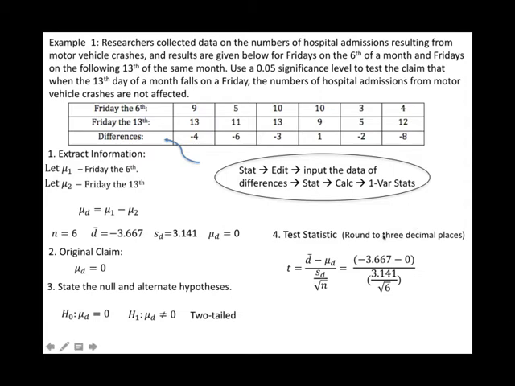When you guys use your calculator, make sure to put the parenthesis on the top, parenthesis on the bottom. You could get negative 2.860. Okay, so this is gonna be your test statistic.